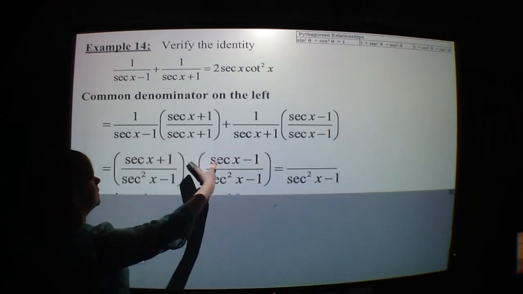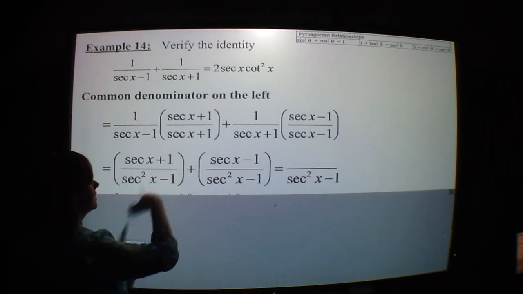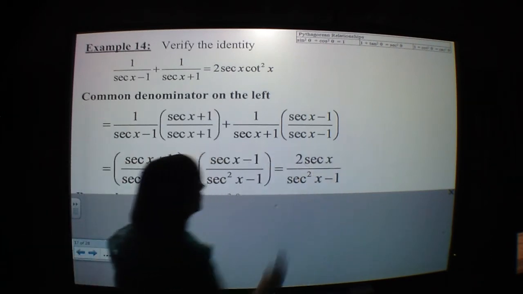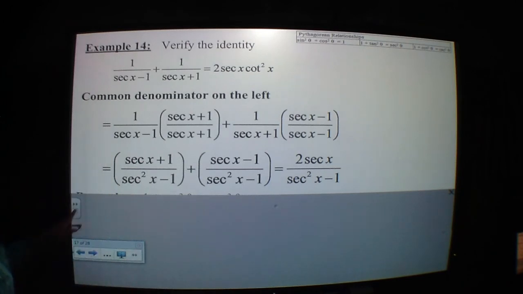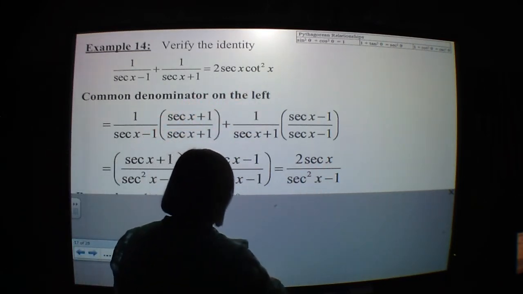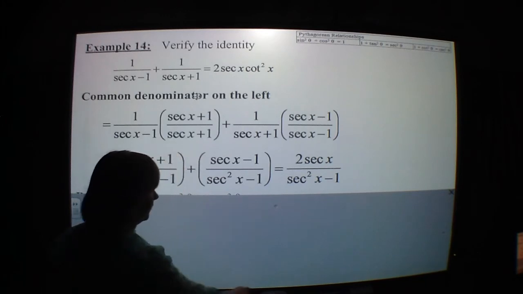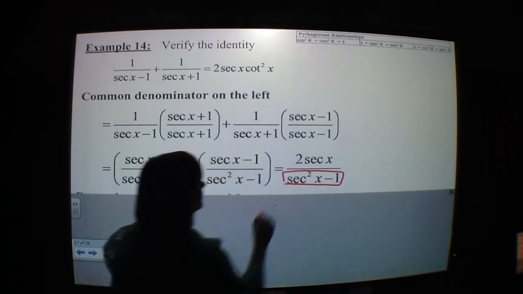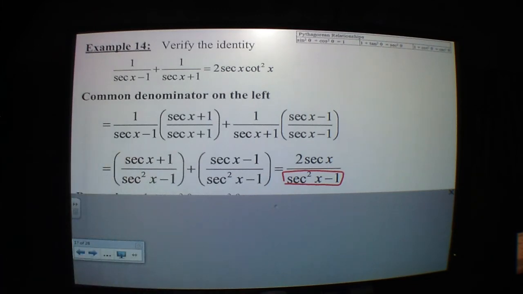Secant of x plus secant of x is 2 secant of x. Positive 1 plus a negative 1 is a 0. Look at where you're going. 2 secant of x, cotangent of x. I already have a 2 secant of x, so let's not do anything with that yet. But maybe I can do something there.